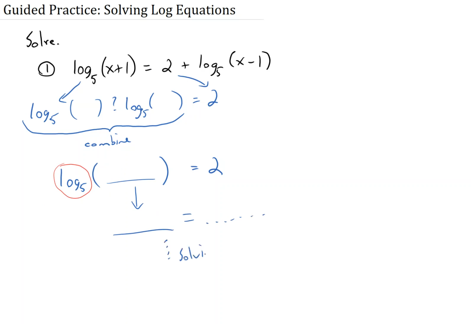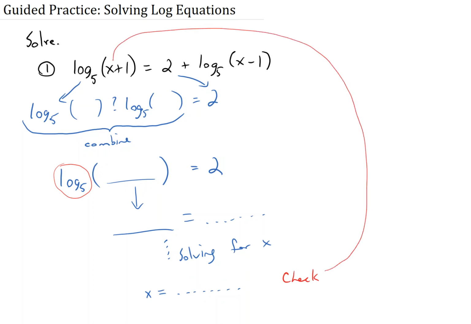There's no logs anymore, so you can use basic algebra to get x by itself. And so you're going to get your final answer here. And then just make sure that whatever you get for x, check that there may be more than one value. Check back in your original equation to make sure that it works for both of your arguments.